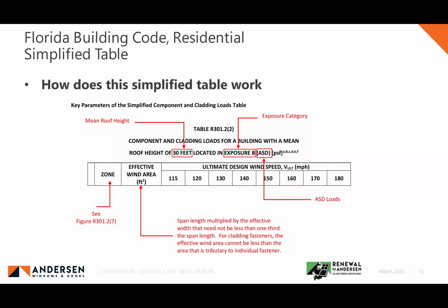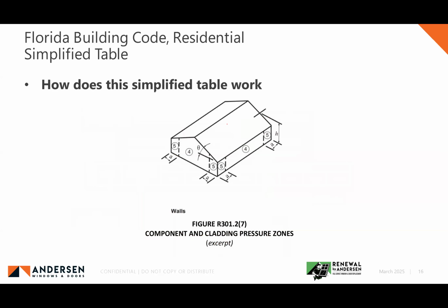Okay. So let's look at a couple of examples, and I mentioned this earlier. This is an excerpt of the component and cladding pressure zones. There are also figures for the roof, but I just excerpted the one for the walls, where we have zone 5 and zone 4. Zone 5 for residential can be taken as 4 feet.